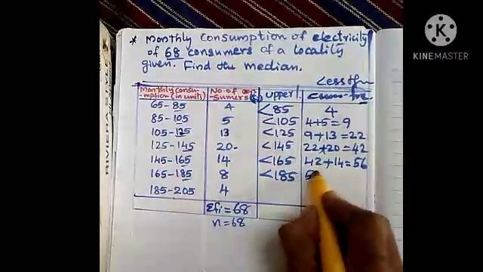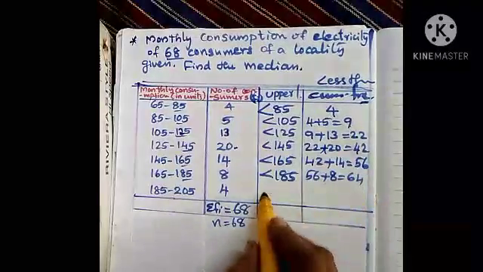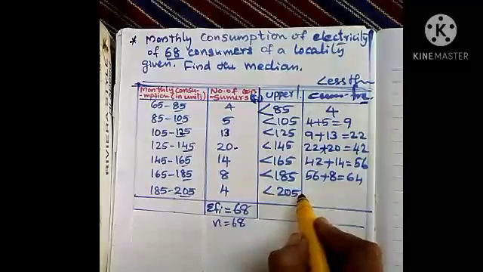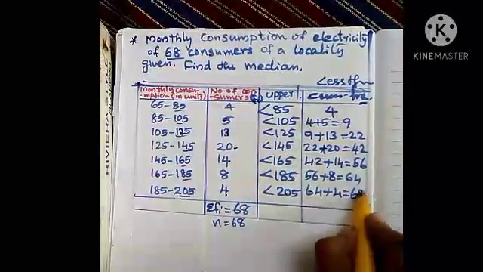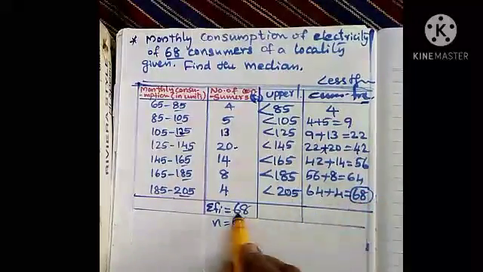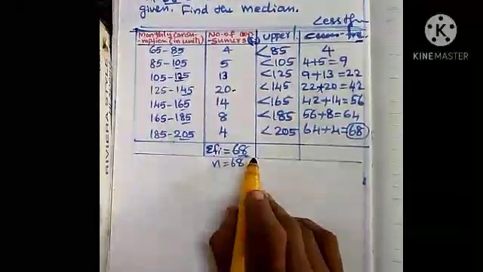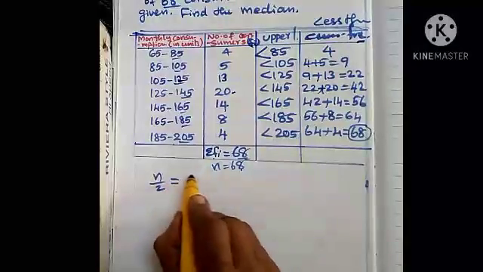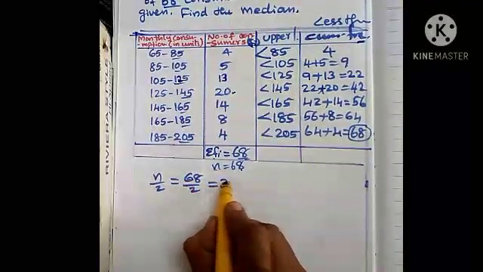Here it is 56 plus 8, then 64. Then next class 205. Less than 205 is 64 plus 4, which is 68. So you know that the last cumulative frequency will be the same as sigma fi. Now the value of n you got, so we can select n by 2. What is n by 2 equal to? 68 by 2, which is 34.